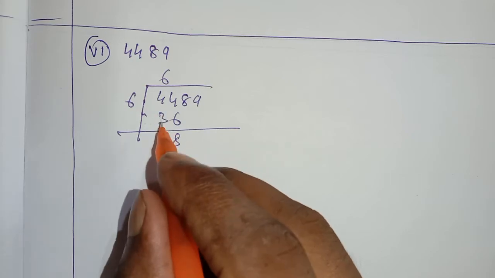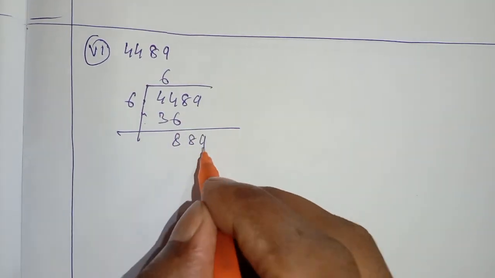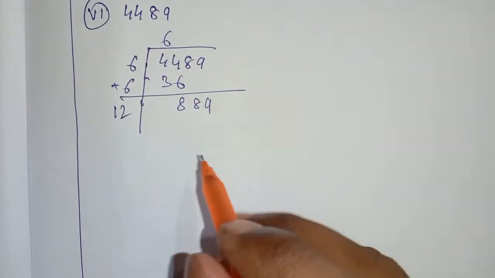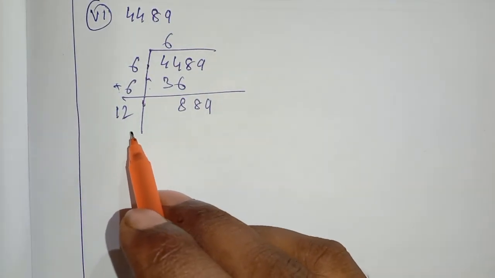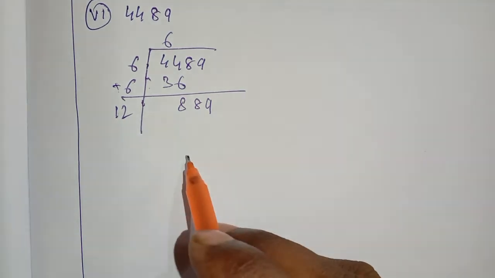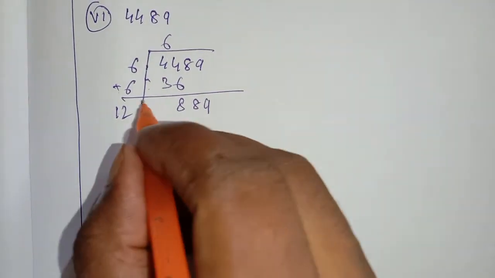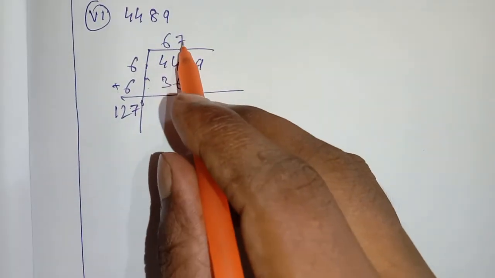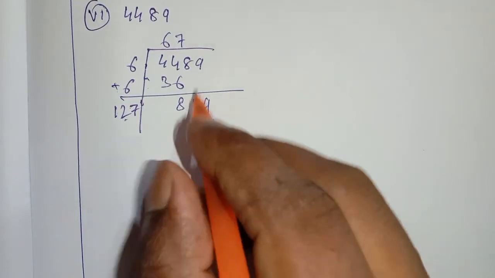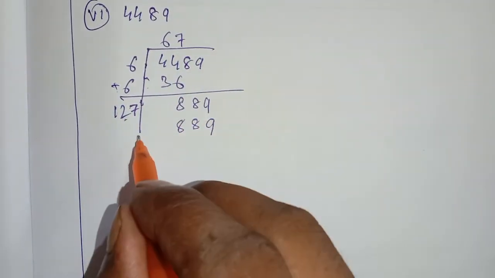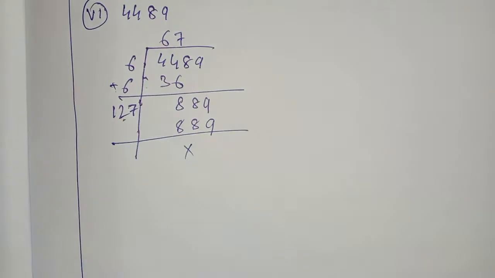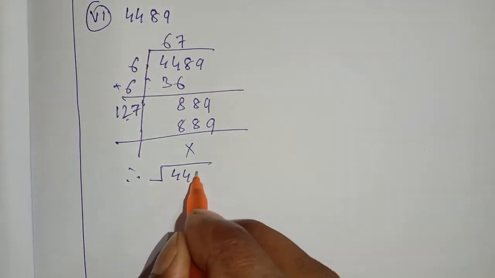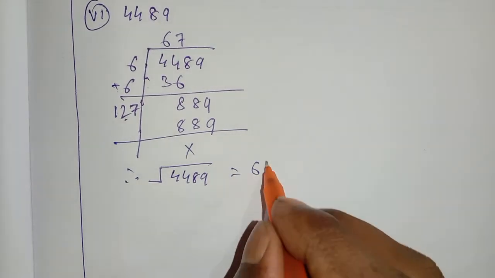There will be left 3 minus 3 is 0. Now these two numbers will come down, then now 6 here will be plus, then 6 6 is 12. Now with 12 what number will be put? If we put 7, means 7 7 is 49, carry 4, 7 2 is 14 and 4 is 18, carry 1, 7 1 is 7 and 1 is 8, cancel. Therefore square root 4489 equal to 67.